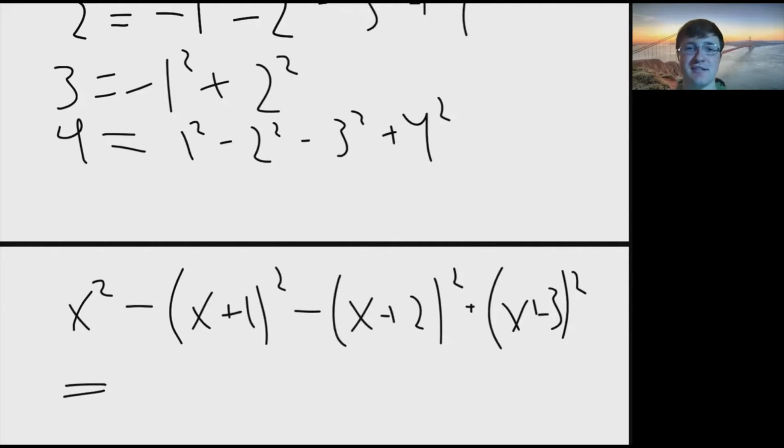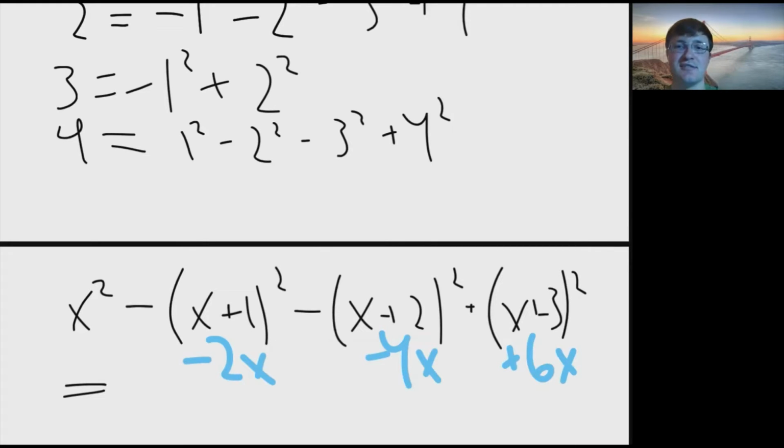Well, the x squareds, you're adding 2 and subtracting 2, so those go away. And then the linear terms, you have a minus 2x minus 4x plus 6x, so those go away. And you're left with just 3 squared minus 2 squared minus 1 squared, so you end up with just 4. So using this, once you have some number written as a sum of alternating squares, you can add 4 to that or subtract 4 using this trick.